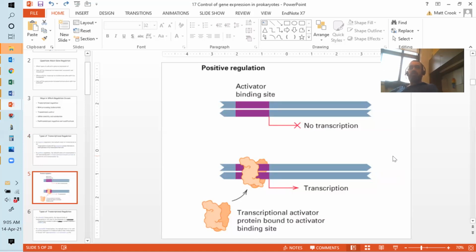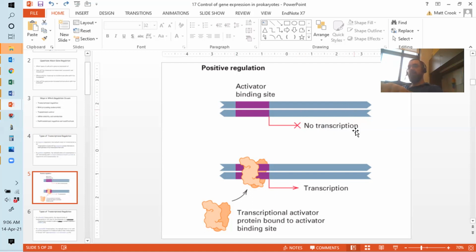All of this is done, and I want you to really keep this in mind, by proteins that bind to DNA. These actions, pretty much all of them, are carried out by DNA binding proteins. They have a particular shape, and that shape can change, but it recognizes a short sequence, 10, 20, 30 base pairs maybe, of DNA. That sequence is called the DNA binding site for that particular protein. So it won't bind anywhere else.